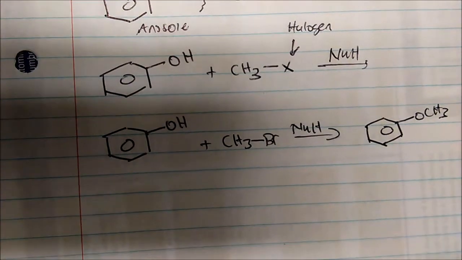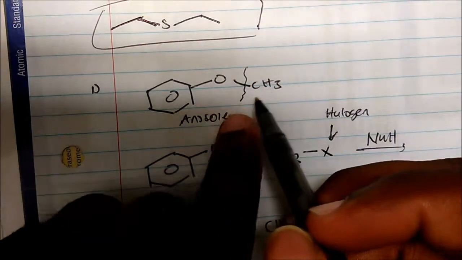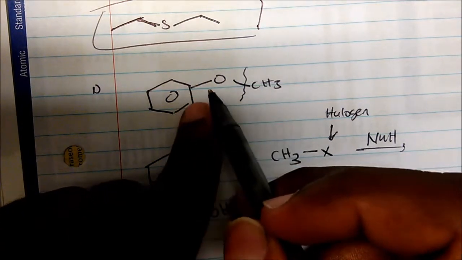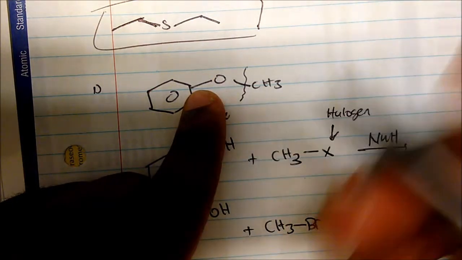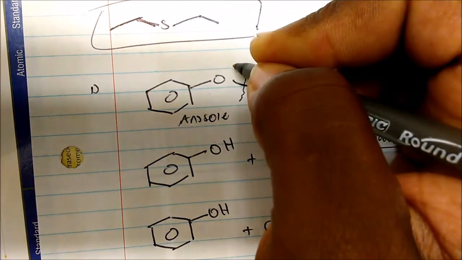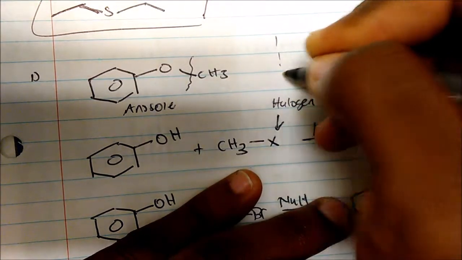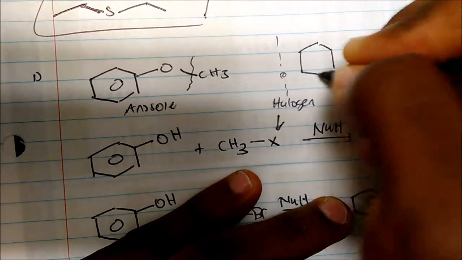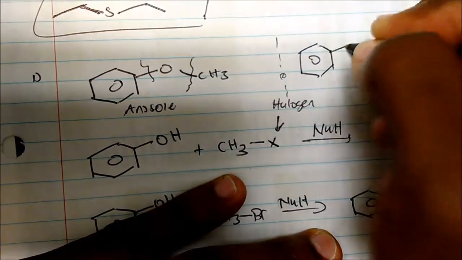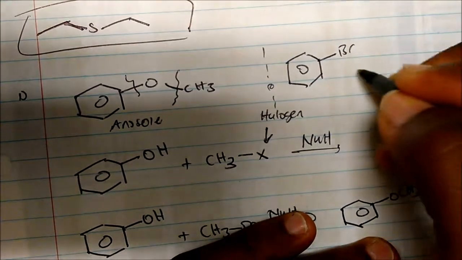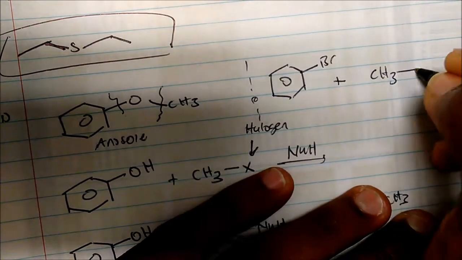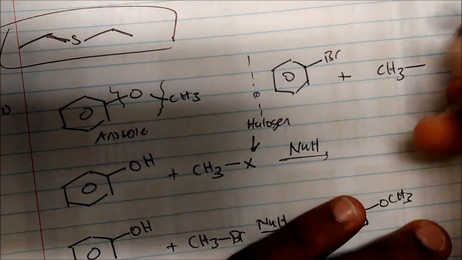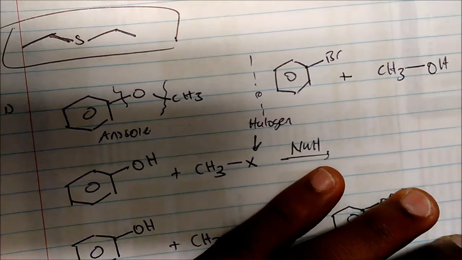All right. So notice the reason why I chose this route. I chose to break this bond instead of this, right? Because if I choose to break this bond instead, let's do it the other way. What if I break this bond here, and put any halogen there plus methanol?